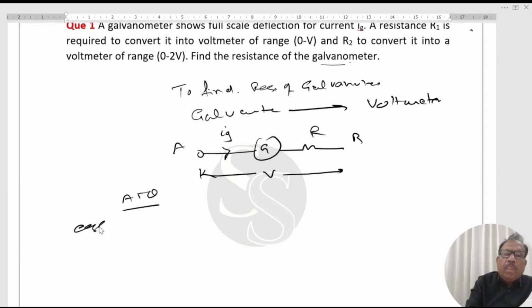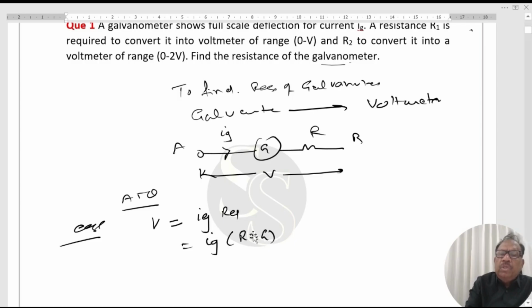case 1, it is a series combination. V will be equal to IG into R equivalent. R equivalent will be R1 plus G, where G is the galvanometer resistance.